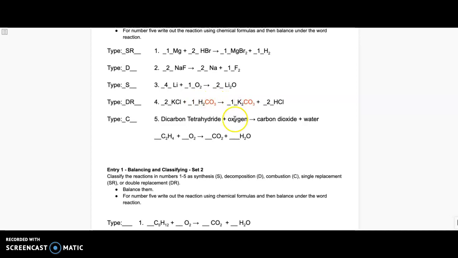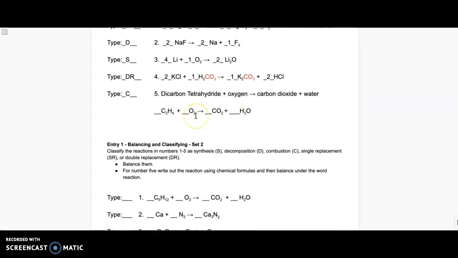Now remember, the last rule for balancing for combustion specifically is if I end up with an element in two spots on one side, such as oxygen and oxygen, I'm going to do it last. So in combustion, you can think about doing it in alphabetical order. C's, then H's, then O's. So I need 2 C's there to balance.